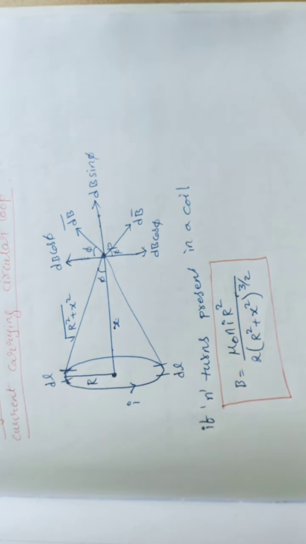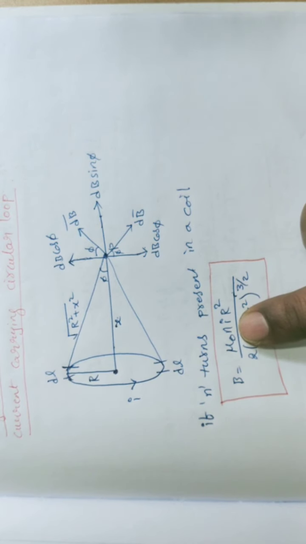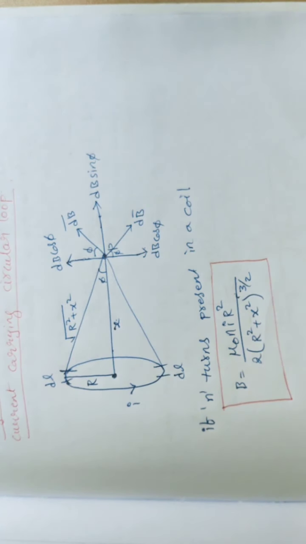Listen carefully: here small n is the number of turns in the coil. Small n is the number of turns present in the circular coil. Okay students, next we will discuss one more concept.